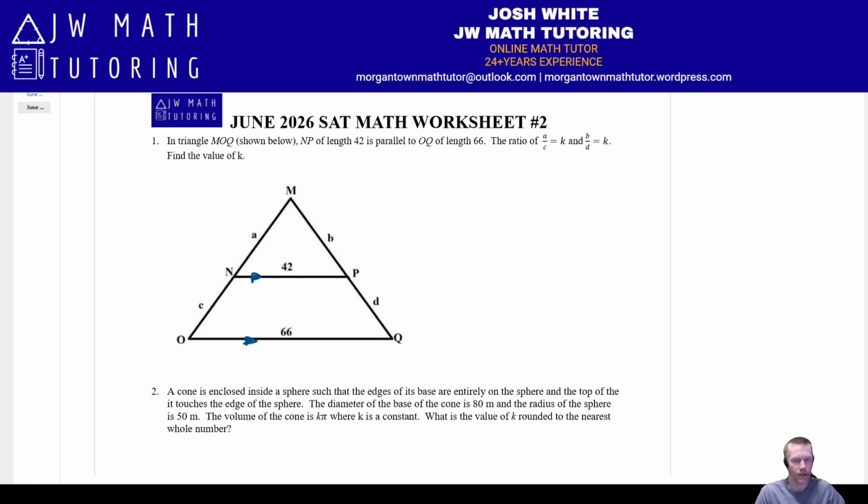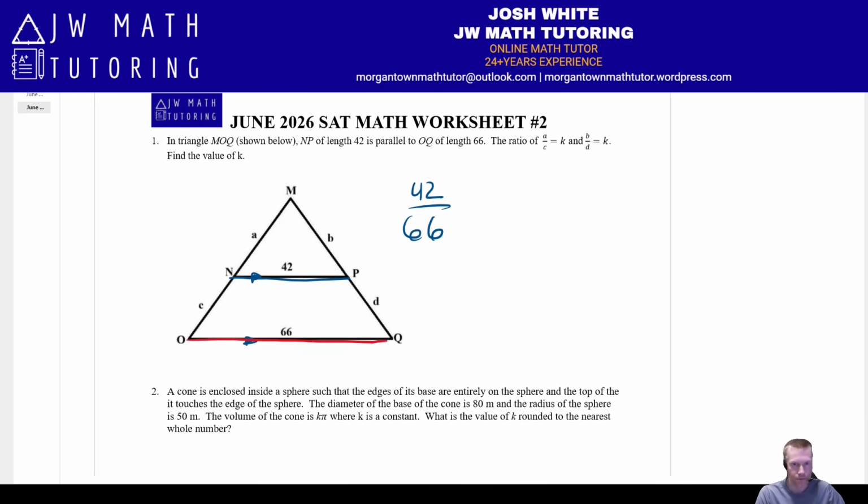So that tells us that all the sides are proportional, and the proportion is going to be 42 to 66, because this is a side in the small, and this is its corresponding side in the large. So small to large, 42 to 66.